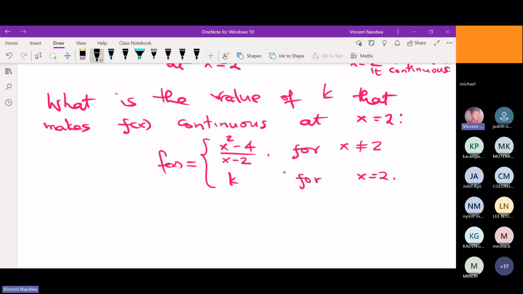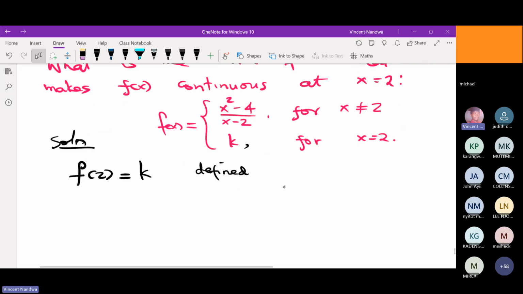So here, f at 2 in this function will be given by k, because we have already been told from the definition of the function that f of x equals k for x equals 2. So if I want to find f at 2, then I'll use this definition. So this is k. So this one is defined.